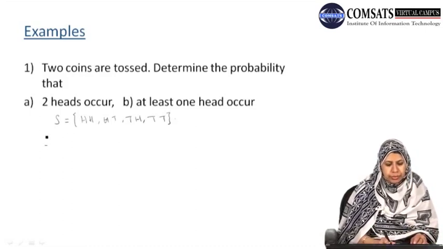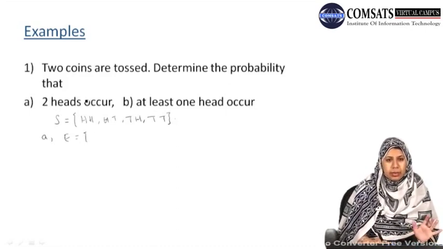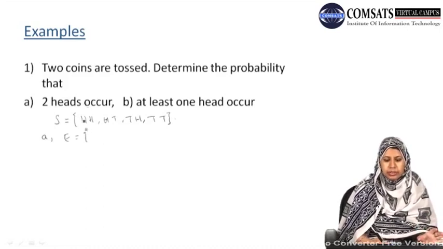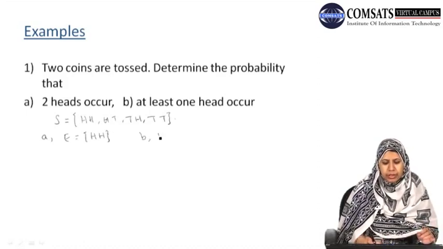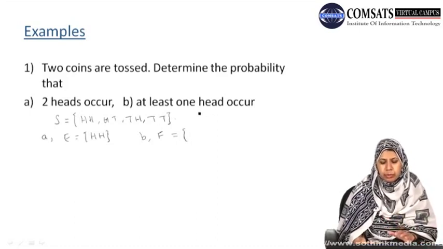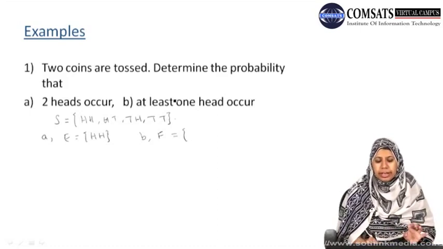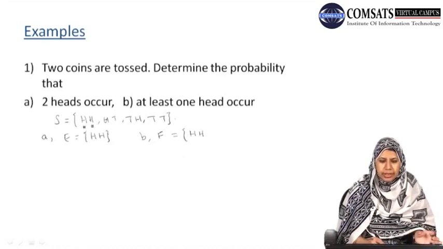Now our first event, we call this event E, says that two heads occur, exactly two heads, which means that this event contains the sample point head head. If we call the second event F, then this event contains those sample points which satisfy the condition that at least one head occurs, which means that this will contain the sample points head head.